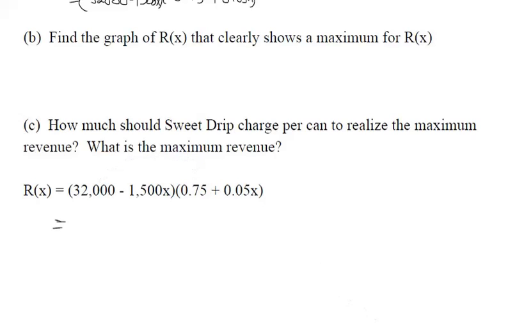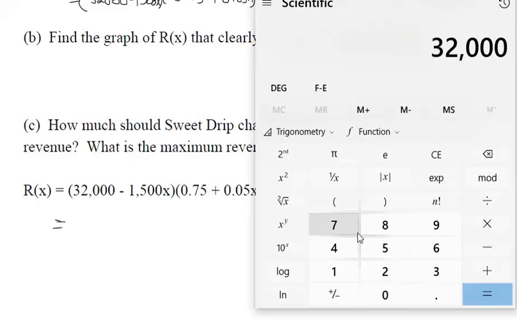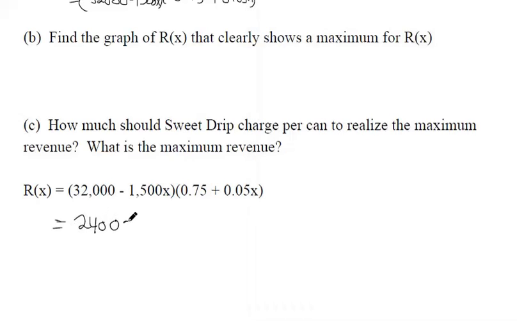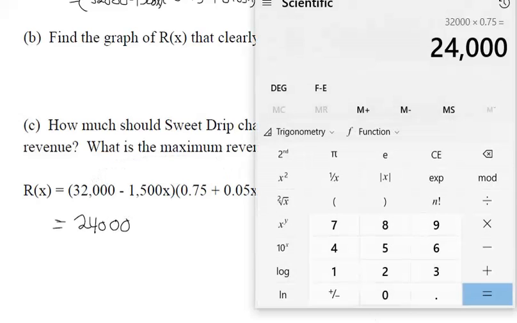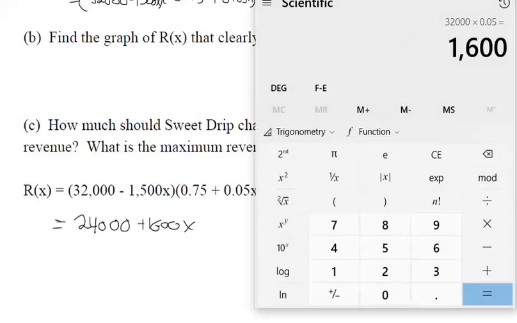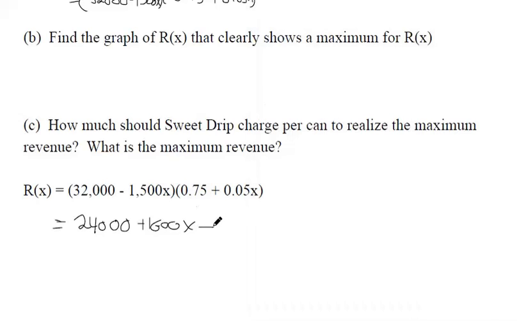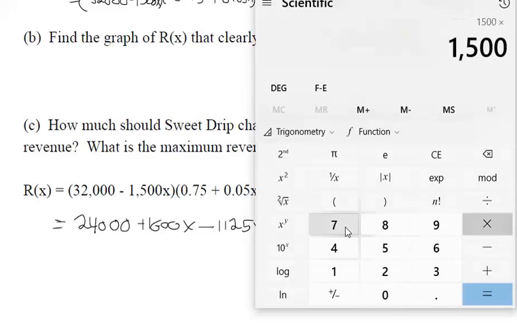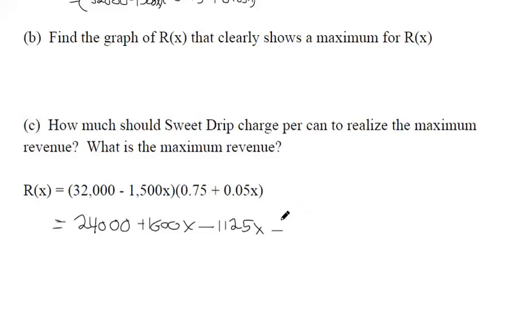So 32,000 times 0.75 gets 24,000. 32,000 times 0.05x gets 1,600x. Then the 1,500 times 0.75, that's negative 1,125x. And then multiply these two together, so it's negative 75x squared.